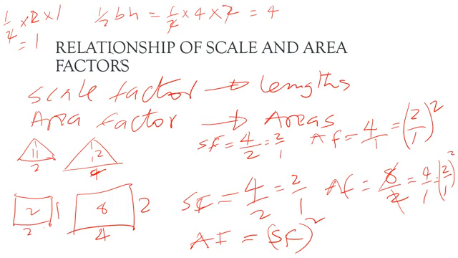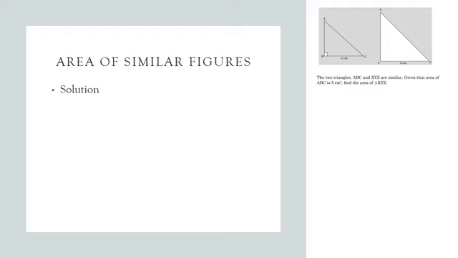Or the scale factor will be the square root of the area factor. So that's the relationship between these factors, scale factor and area factor. I hope this makes sense.